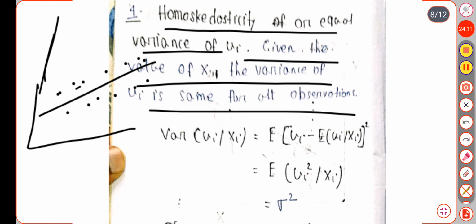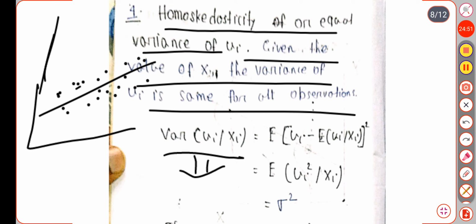So homoscedasticity, or equal variance of ui, means that given the values of xi, all the error terms, all the ui, have equal variance. It can be denoted as variance of ui given xi. It is conditional variance. We are always dealing with conditional variance, conditional mean, conditional expectation in the case of these assumptions. I hope these terms are new for you, but it is the case in the assumptions of CLRM.